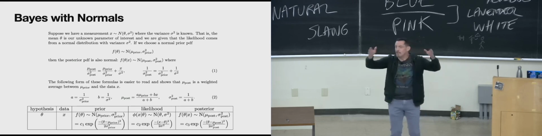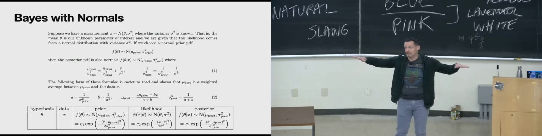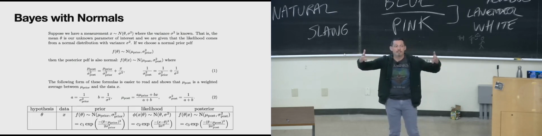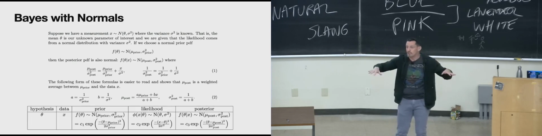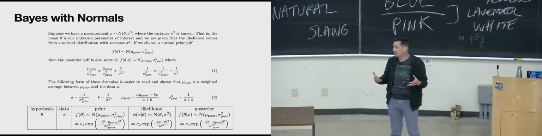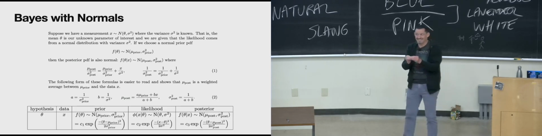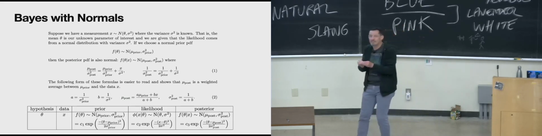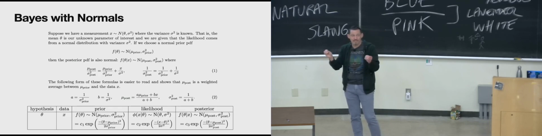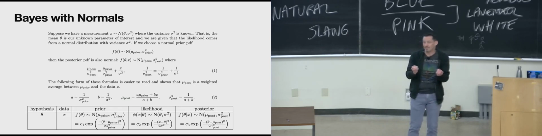We have a distribution of potential values for that mean. And on the posterior, we have a new distribution of the mean of the thing we're trying to estimate. Okay? I want to make that important, clear distinction. The standard deviation is not the standard deviation of the data set. It's the standard deviation of our mean estimates, okay?